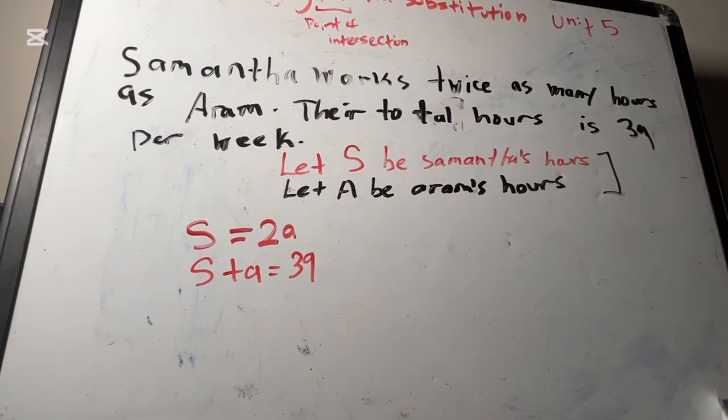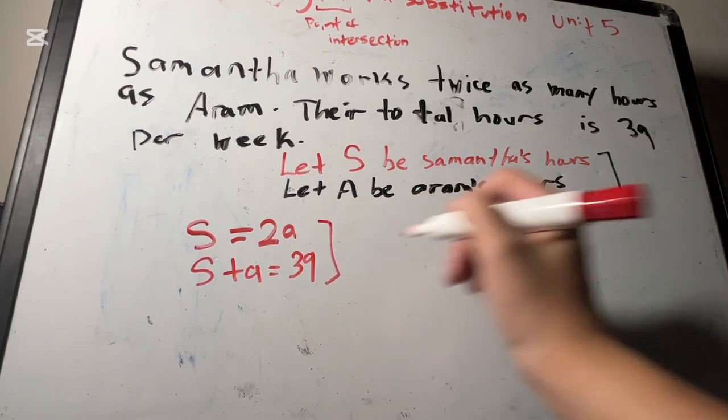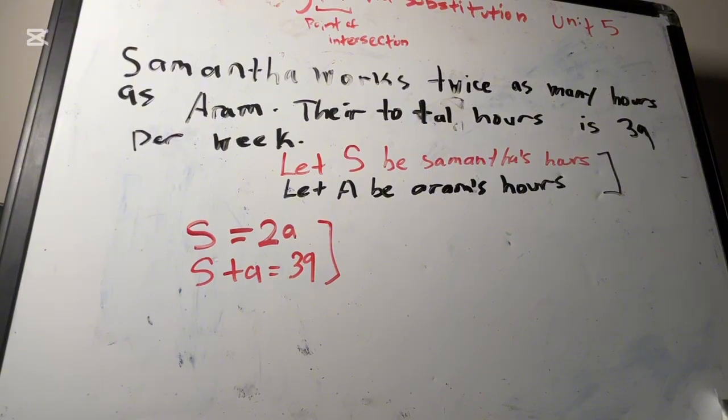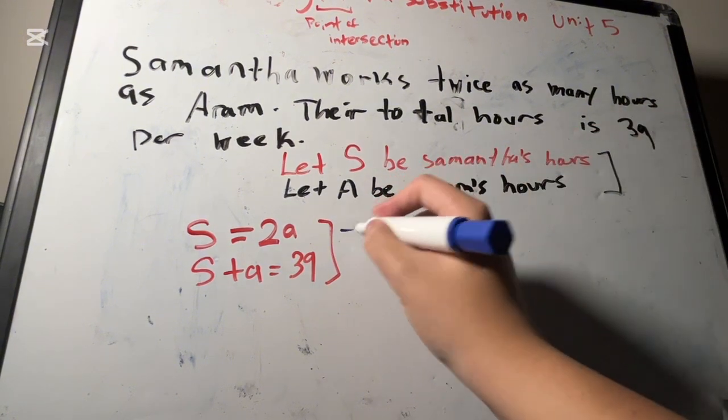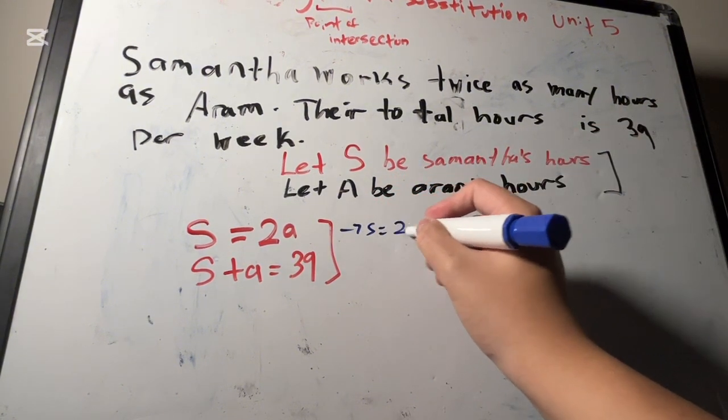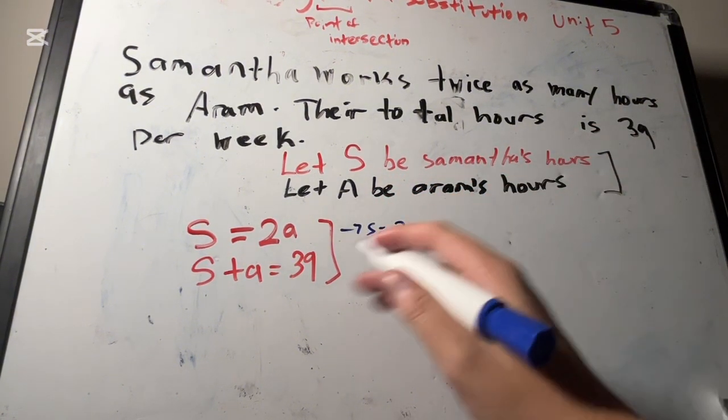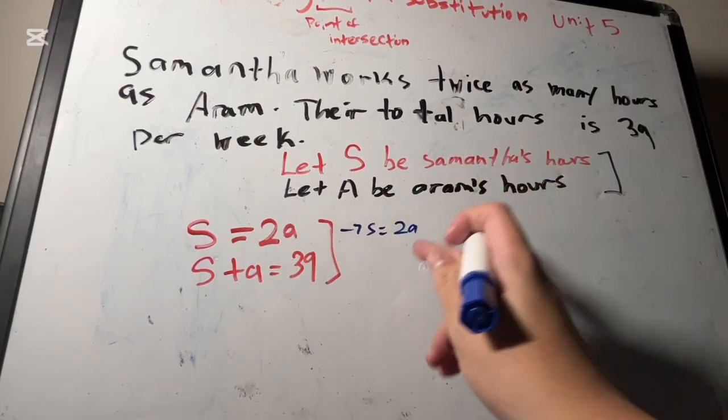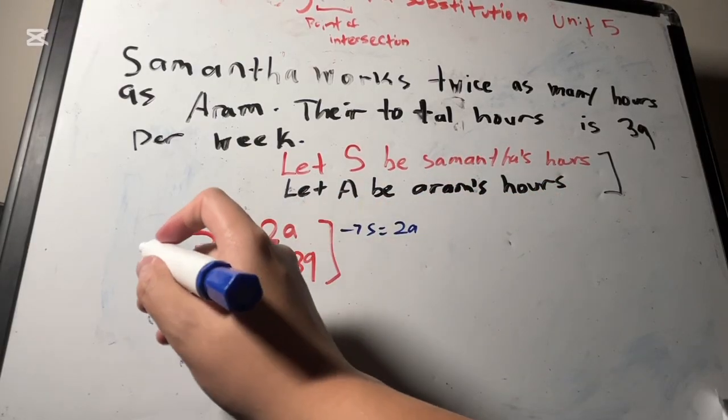And as you can see here, we basically have a linear system. S equals 2A, S plus A equals 39. And this is a perfect example of what we would do for substitution, as we already have S equals 2A. And all we have to do now is plug in 2A into the second equation.